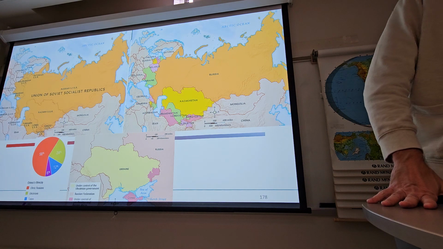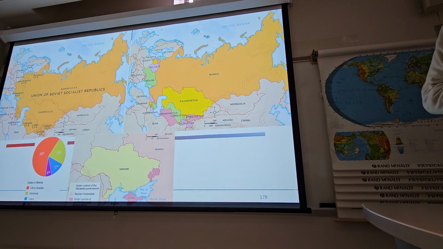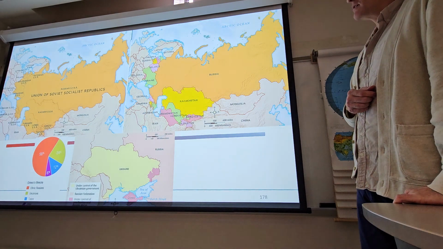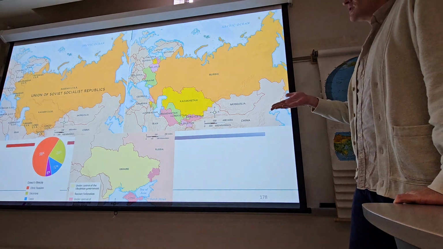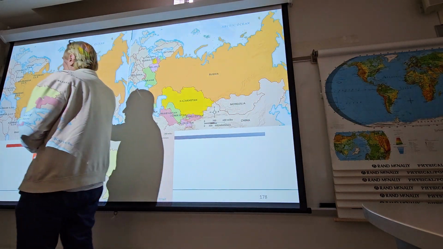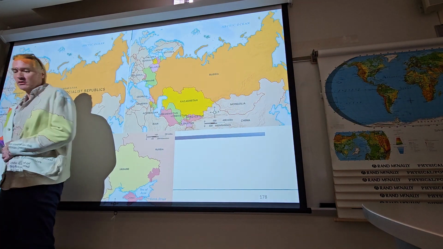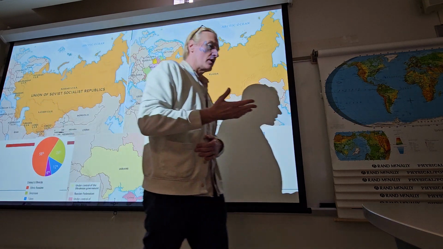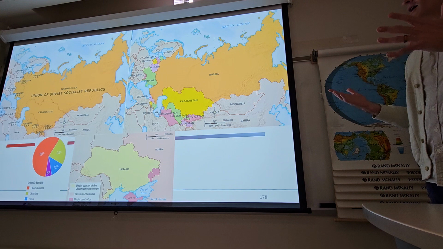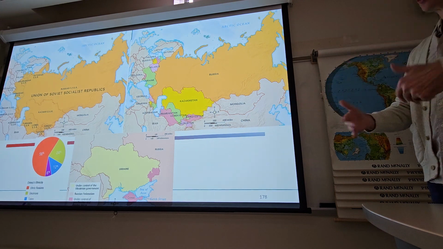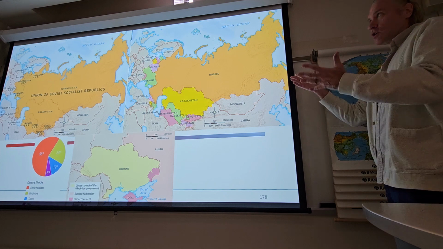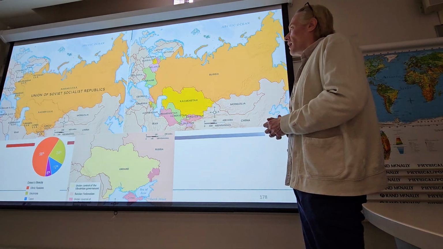These are some maps from our book, showing you where the Soviet Union was, and then after the fall of the Soviet Union, a number of the countries that had basically been conquered by Russia at the end of the Second World War. Well, during the Second World War, while Germany was taking over countries and Italy was also taking over countries, Russia was taking over places.